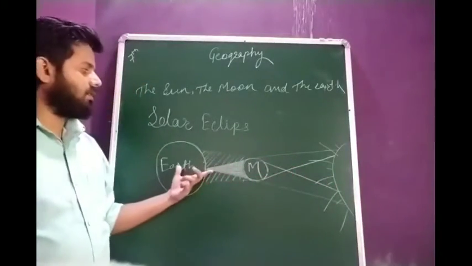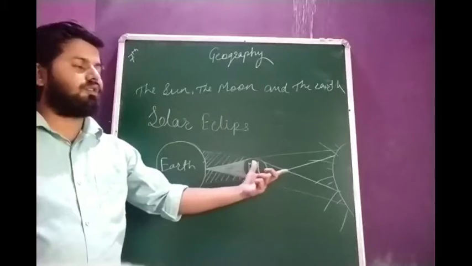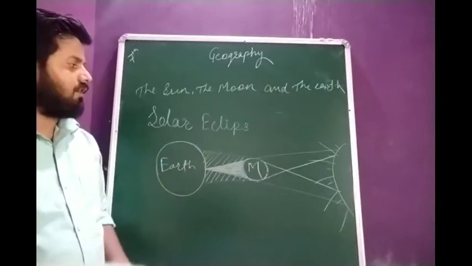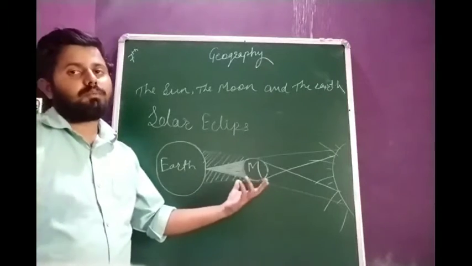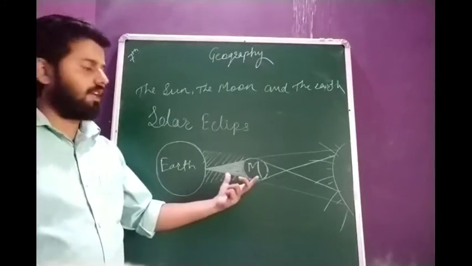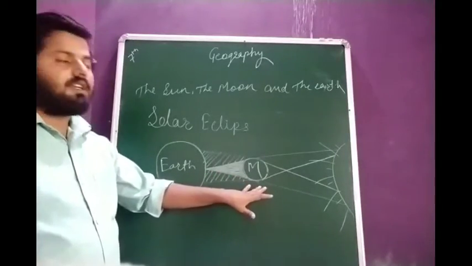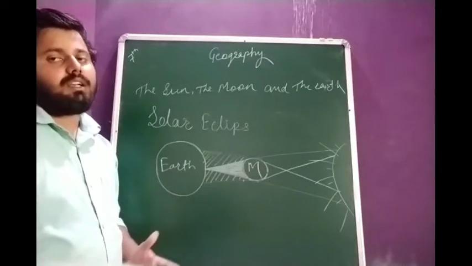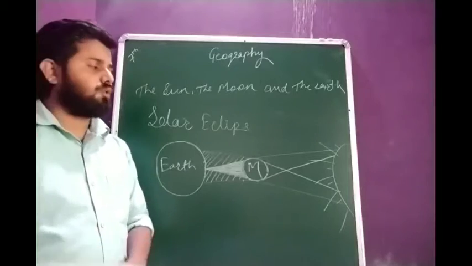You can see that earth, sun and moon all are in the same plane and in a straight line. So what is the position of the sun, moon and the earth for the solar eclipse? When the moon comes between sun and earth, right? That is the condition of the solar eclipse.